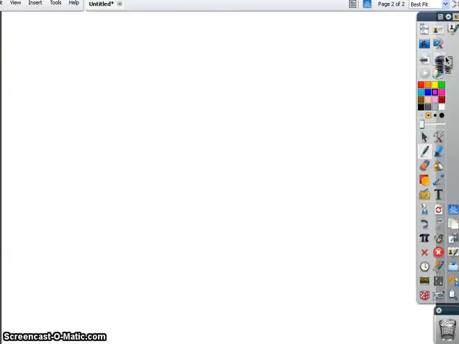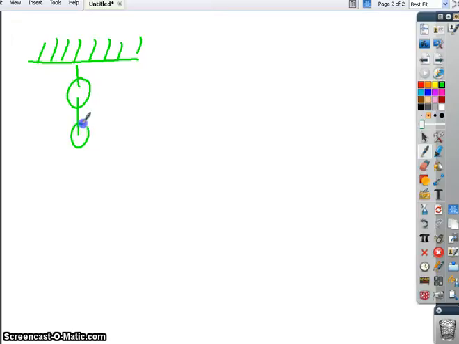Let's do another one. This one's going to be fun to draw. Hopefully I can pull it off. I'm going to do green. So we have a ceiling here. And we are going to have a pulley and a pulley, and then a pulley and a pulley, and we're going to have our mass.